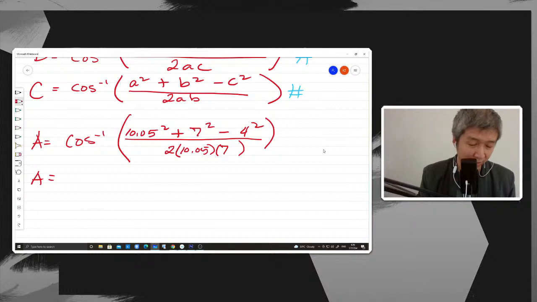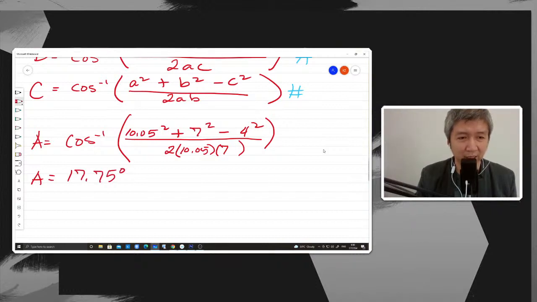Yeah, it's correct. But please wait, there's a problem with my calculator. I wonder why my calculator finds an error. I think I just pressed the wrong number. So 17.75, correct?